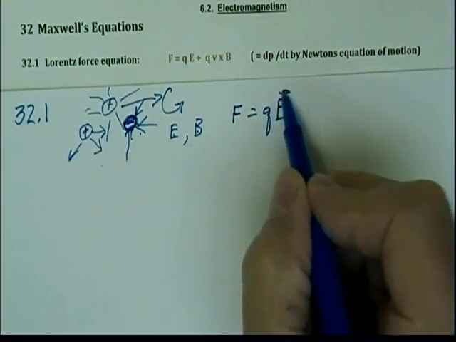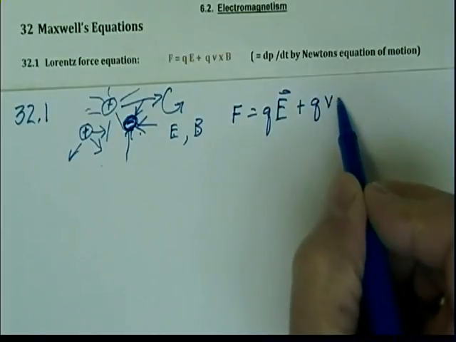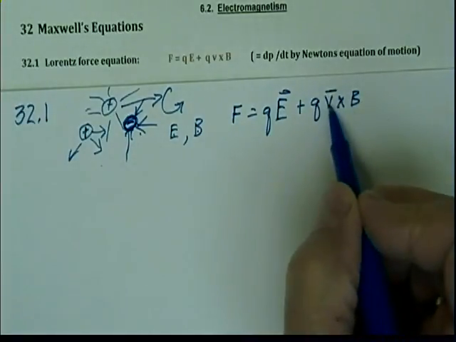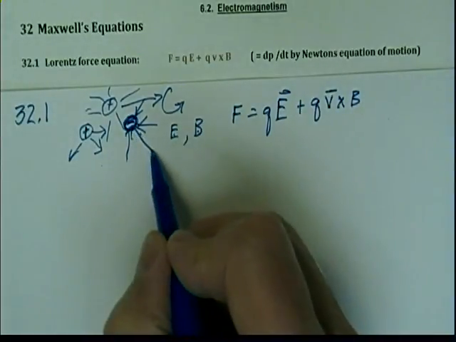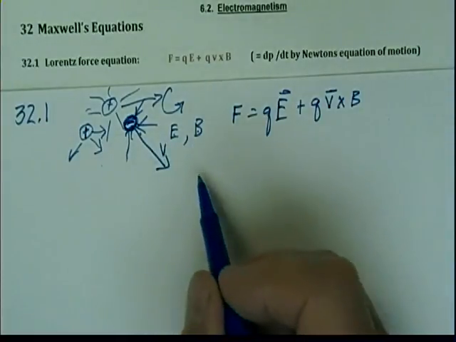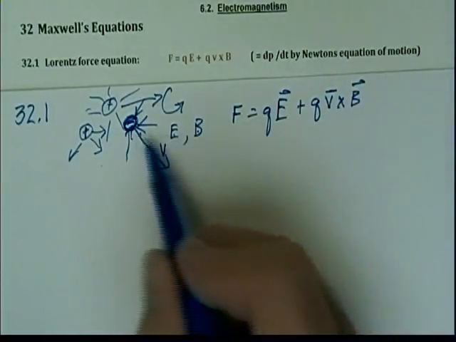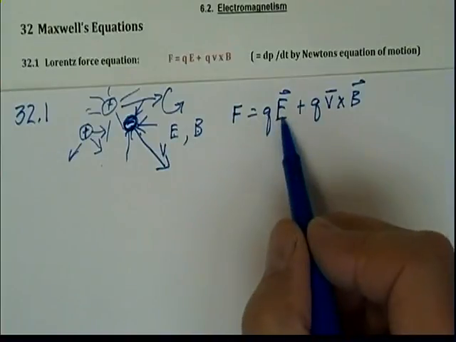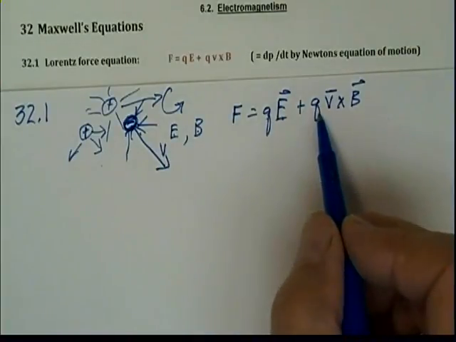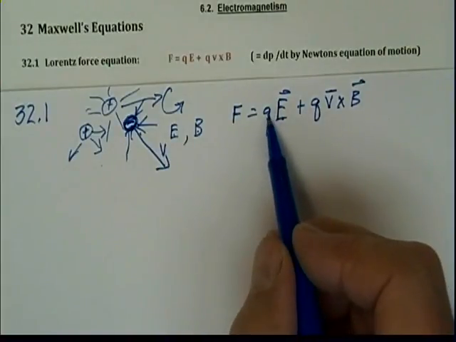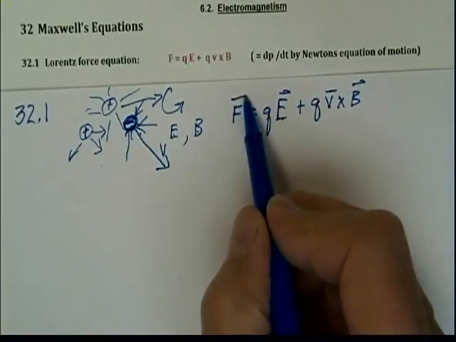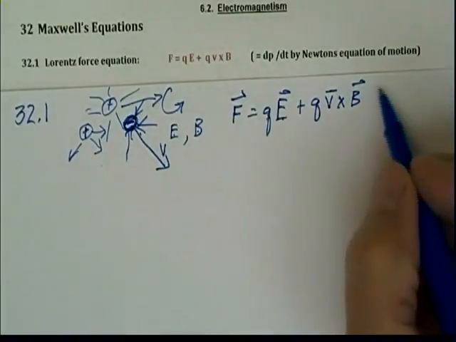as Q times the electric field plus Q V cross the magnetic field, where V is the velocity of the particle as it moves somewhere, B is the magnetic field at the point where the particle is, and E is the electric field. Q is the charge that the particle has on it, assuming a positive charge here, and this force, of course, is a vector.